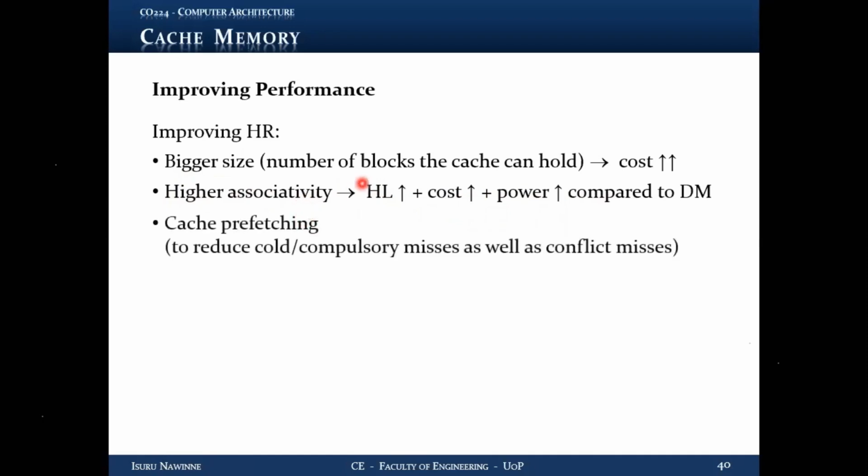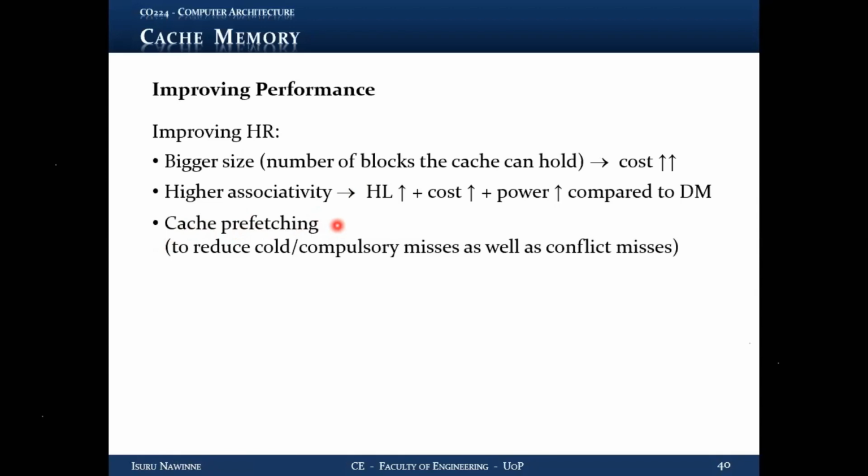Then there are various other techniques we can implement to get better hit rate. One such thing is cache prefetching. Cache prefetching means fetch data before they are needed, right? So it's something like prediction, like the branch prediction you saw in the CPU.